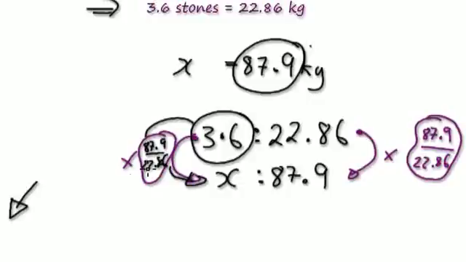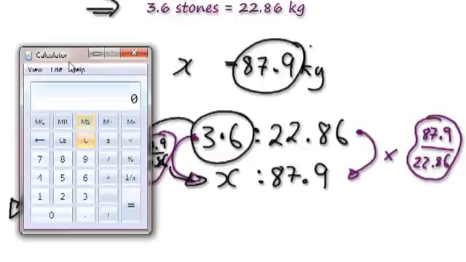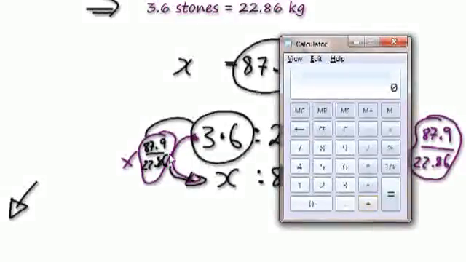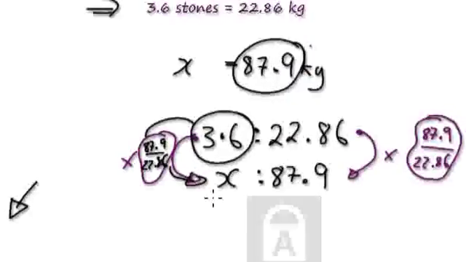Let me get a calculator. I'm going to get 3.6 times a fraction, so it gets multiplied to the top. So 3.6 times the numerator, 87.9, equals this, and then I divide by 22.86, which equals 13.8.